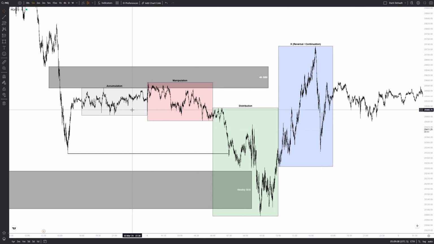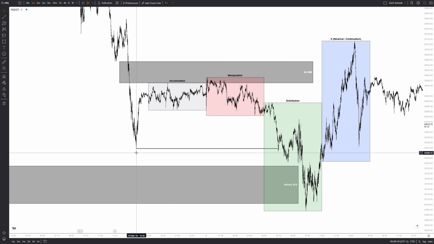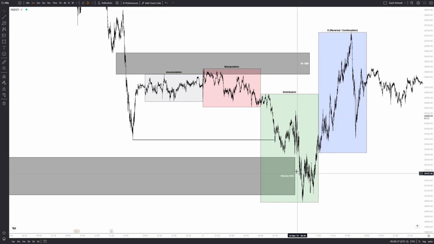This is our accumulation, the manipulation, tapping into a higher time frame key level, manipulating above the accumulation highs, distributing towards the draw on liquidity, which was this 4-hour low, and then this weekly BISI. Once we hit this higher time frame key level, we anticipate a reversal.